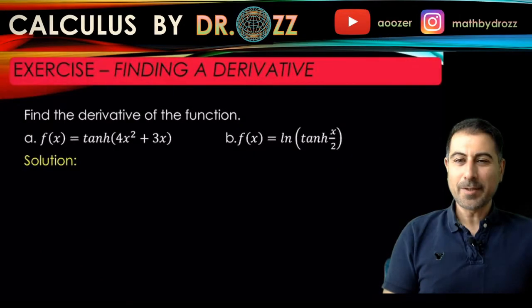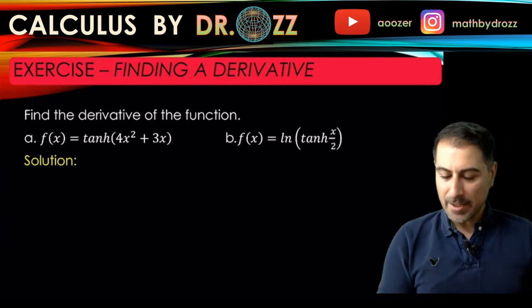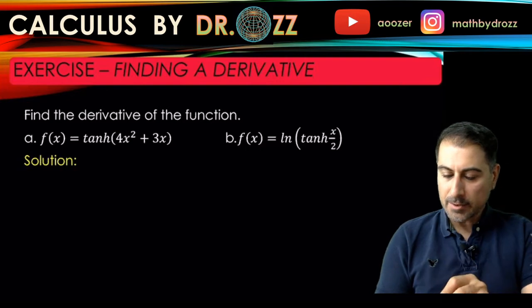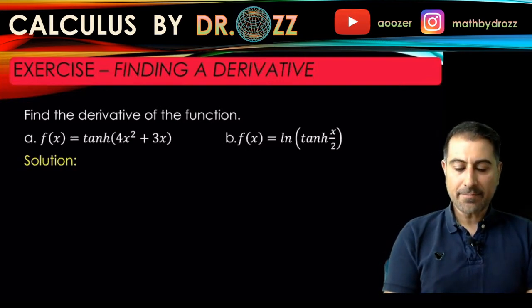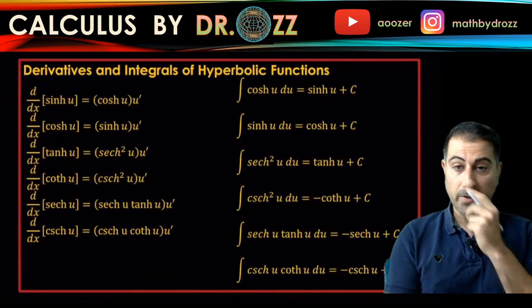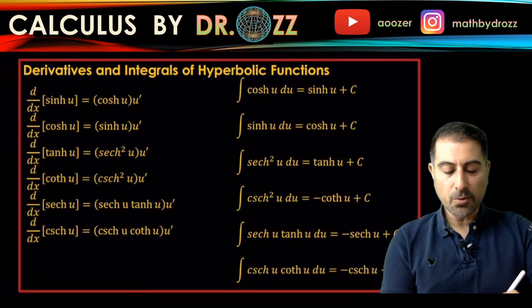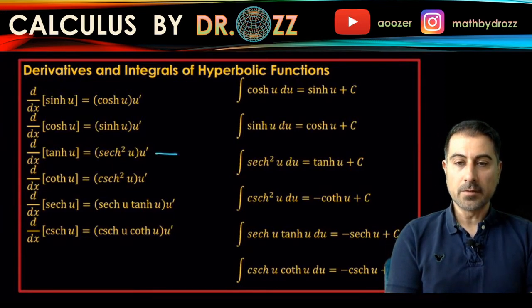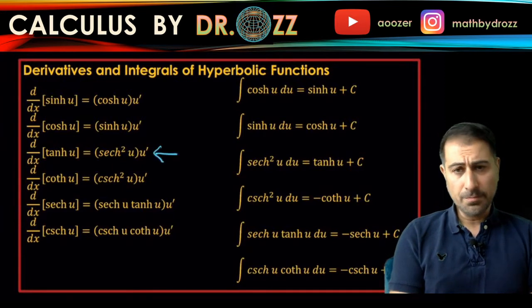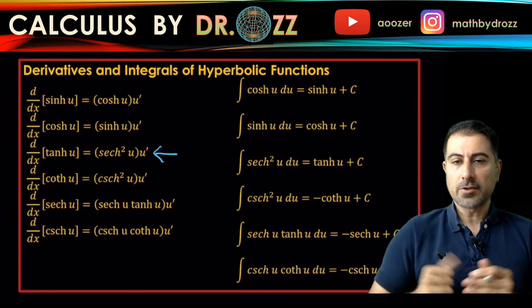All right, let's look at part A. We have tanh of 4x squared plus 3x in part A. Let's go back to the table where we have the derivatives and integrals of hyperbolic functions. What we're interested in here is this specific formula taking care of the derivative of tanh u, where u is a function of x.